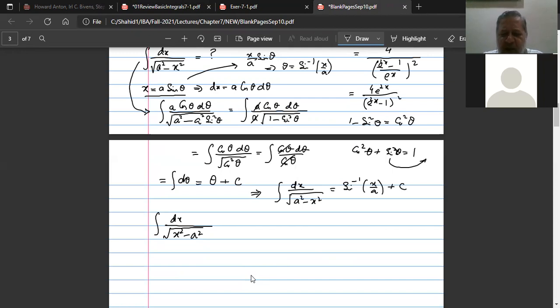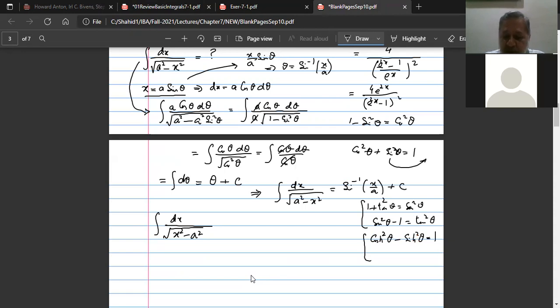We get a lead from trigonometry that 1 plus tangent square theta is equal to secant square theta, and secant square theta minus 1 is equal to tangent square theta. That is one lead, from trigonometry. Another lead comes from hyperbolic functions: cos hyperbolic square theta minus sin hyperbolic square theta is equal to 1.